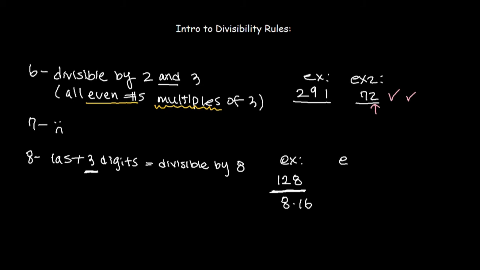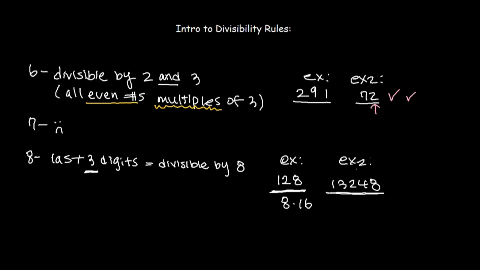So let's look at some more complex examples. That was too easy. Let's say you have 248. Well, when you first look at this problem, you may think, I don't want to go ahead and divide a 5-digit number by 8. However, we have the rule.